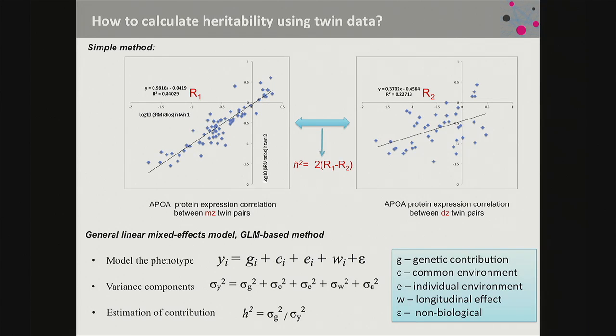We can calculate whether, if this is a particular phenotype, maybe the expression of a protein, we can divide up the contributions to the variability observed in that phenotype over the population into genetic contribution, environmental contribution, or other longitudinal effects or non-biologicals, which basically is unexplained.